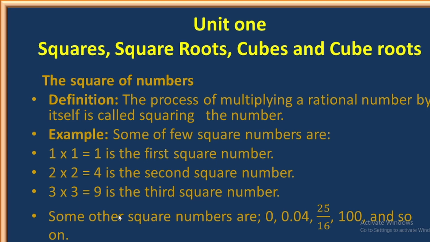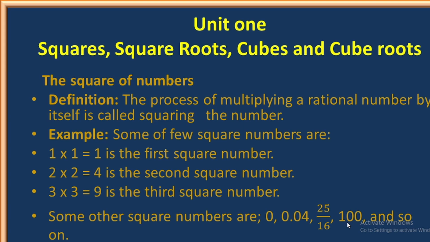So some other square numbers are like 0, meaning 0 times 0, 0.04, which is 0.2 times 0.2, 25 over 16 as a fraction, which is 5 over 4 times 5 over 4, and 100, which is 10 times 10, and we continue just like this.